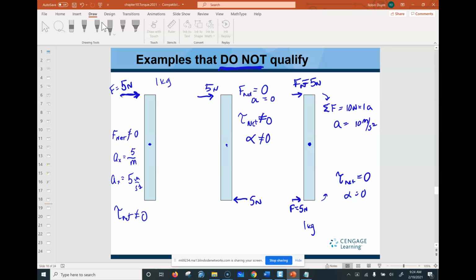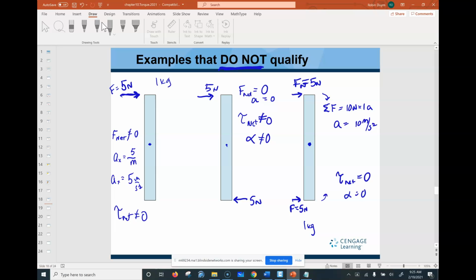Why is there a cross in all the equal signs? Oh, you mean the second example? Yeah. This will rotate, so your net torque does not equal 0.